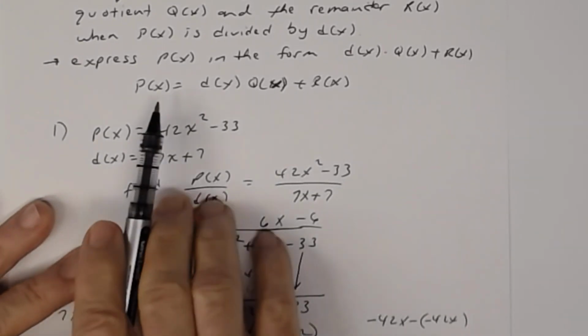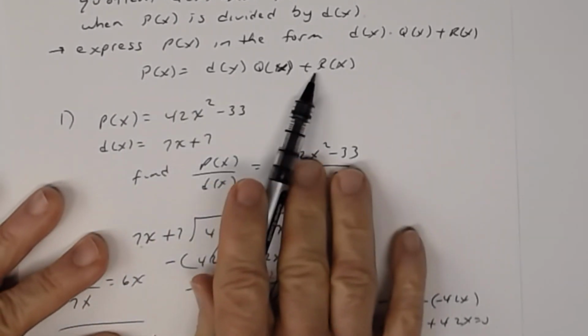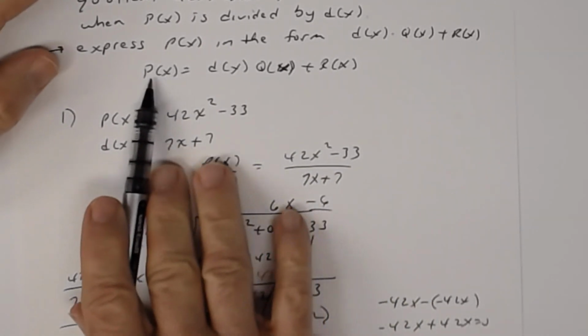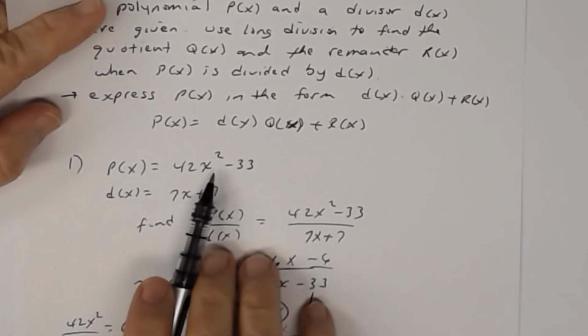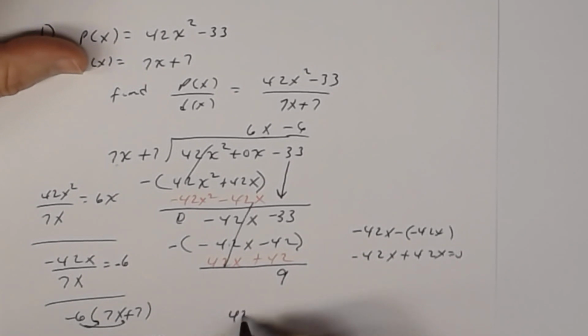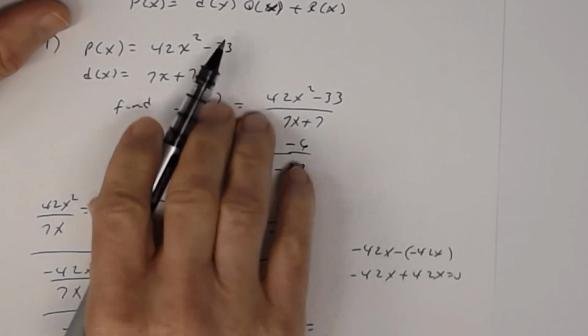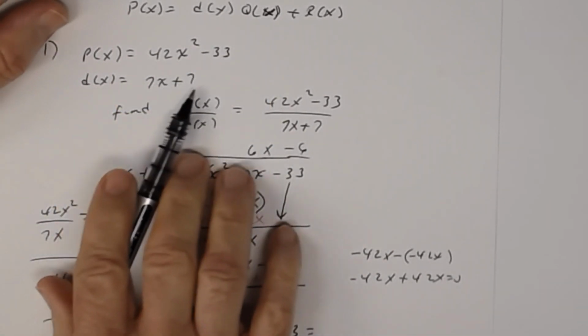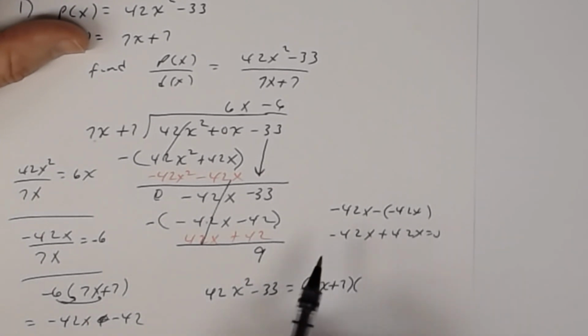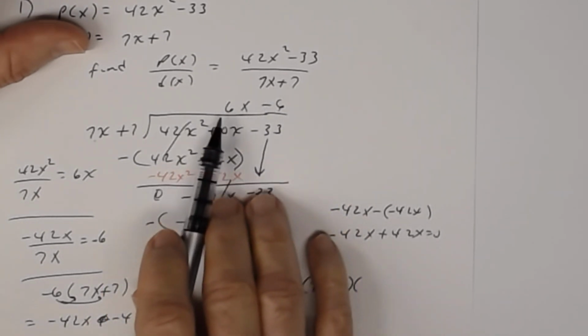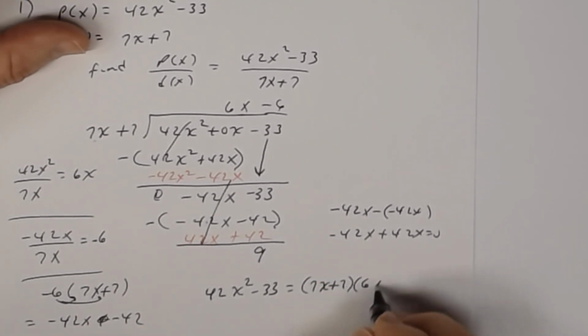Okay, so now they want the answer to look like this. So you've got to read the directions. The directions say write the answer like this. So your dividend p of x, your numerator, which is this right here, 42x squared minus 33, will equal the divisor, which is this, in parentheses 7x plus 7, times the quotient, which we just found, which is 6x minus 6, plus the remainder, which we just found, which is 9.